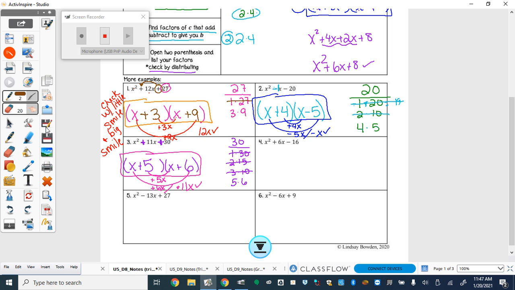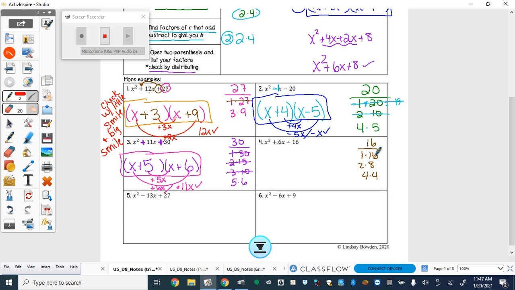Factors of 16. So 1 times 16, 2 times 8, 4 times 4. So we're looking for factors of 16 that will subtract to give us 6. All right, we'll go through my choices. 1 minus 16 is negative 15.